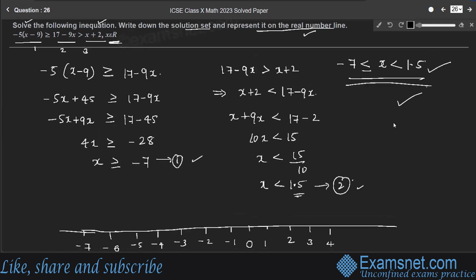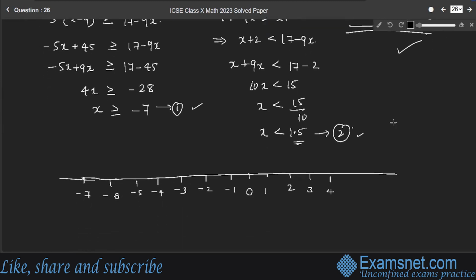We start with -7 because x is greater than or equal to -7. So here is -7 and 1.5 is somewhere here. Highlight this line. So -7 ≤ x, and x is strictly less than 1.5.